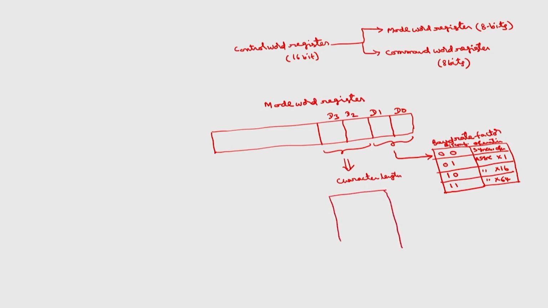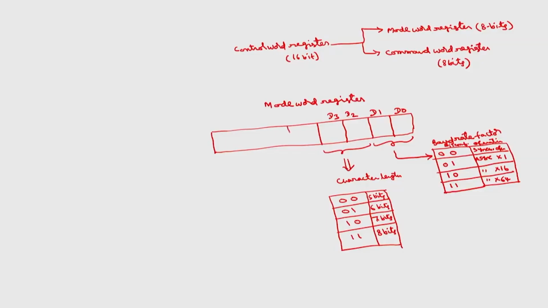This is going to decide here. 0 0, character length is 5 bits. 0 1, character length is 6 bits. 1 0, character length is 7 bits. 1 1, character length is 8 bits. So we can have a character length from 5 to 8: 5, 6, 7 and 8.